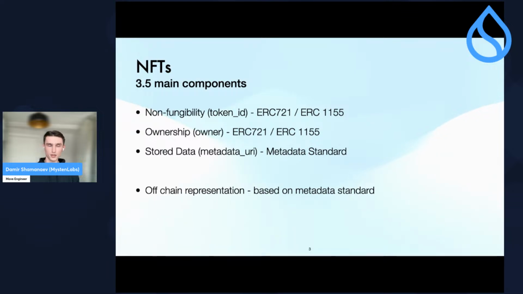There is also usually a metadata standard, although it's not usually mentioned in the NFT standard itself. The metadata standard defines what fields the NFT has: the attributes, maybe an image URL or video URL, what type of content it is, maybe some fancy tiny details to make it prettier when displayed on a marketplace. The metadata standard usually results in the off-chain representation.